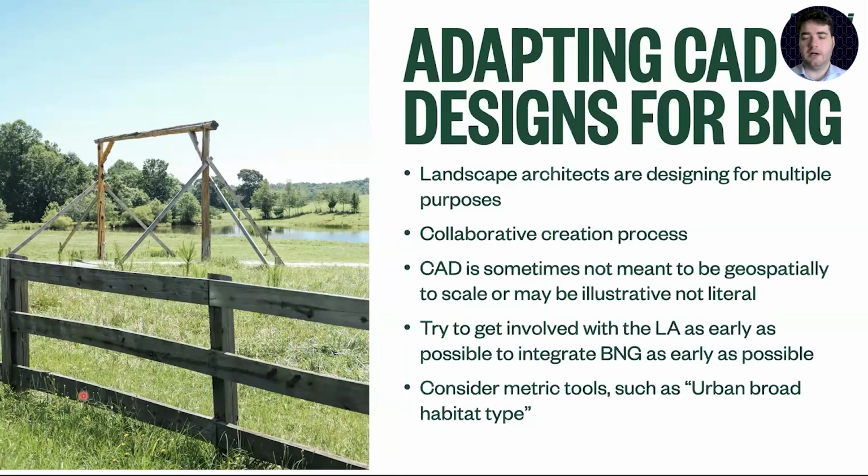This is just one example, but if we know we haven't got a very detailed plan, make use of the urban broad habitat type that's described in the metric so that we can just get rough ideas about what the BNG value of that land is going to be, especially if that is very speculative at this stage, and we might change where buildings are or how big they are. If you can get an idea of how big the relationship between the gardens and the houses is going to be, that's great.